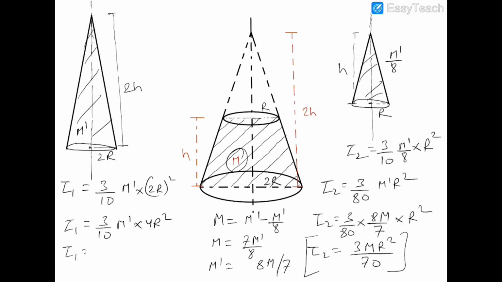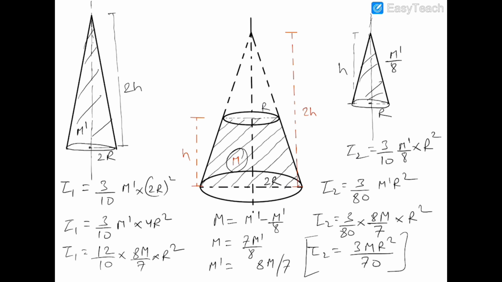So I1 is equal to 3 by 10, in fact 12 by 10, and m dash is equal to 8 m by 7, into r square.